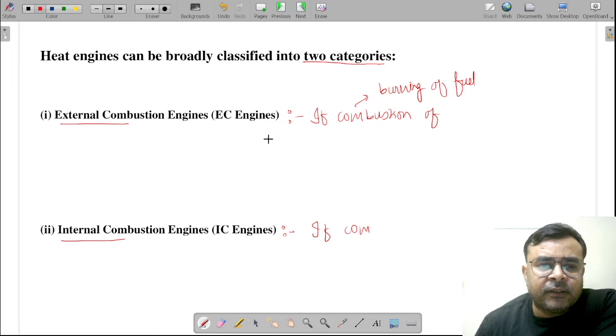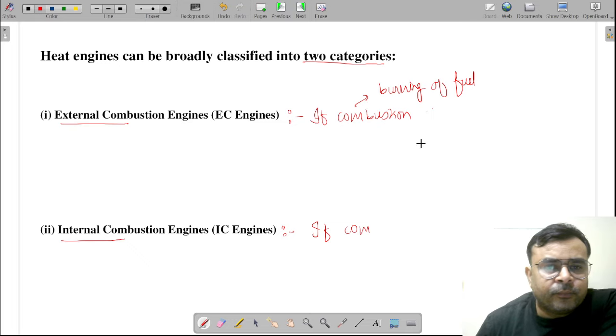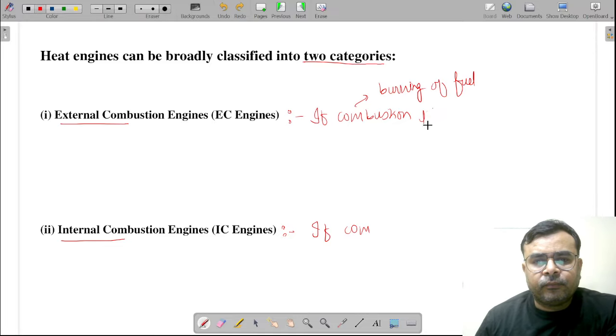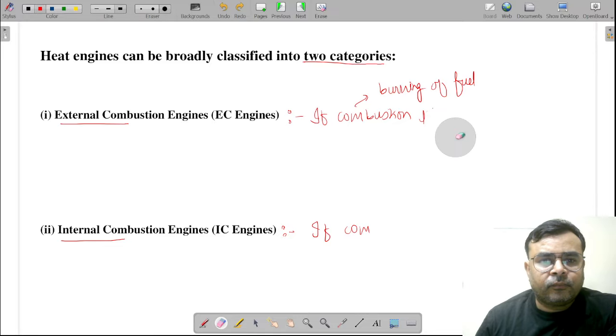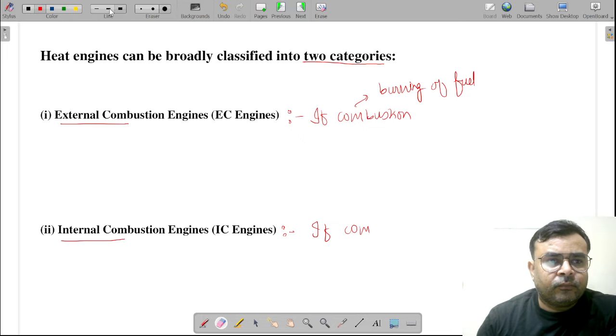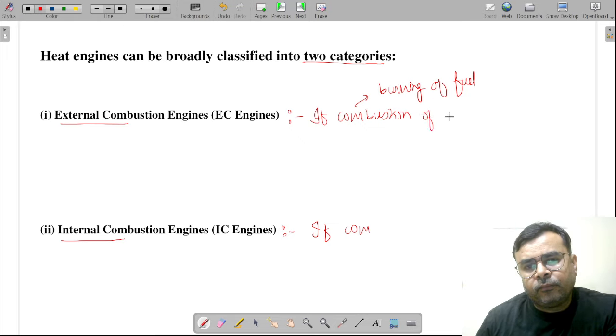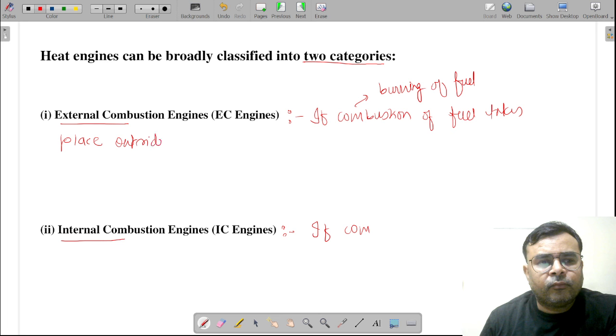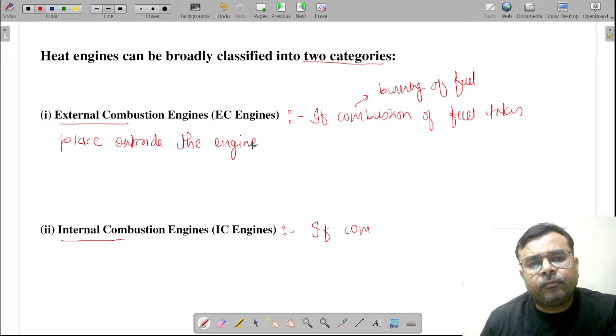If combustion of fuel takes place outside the engine, then it is called as external combustion engine.